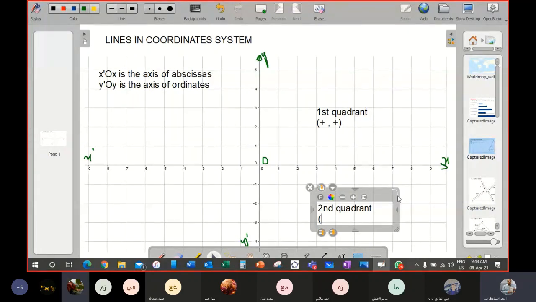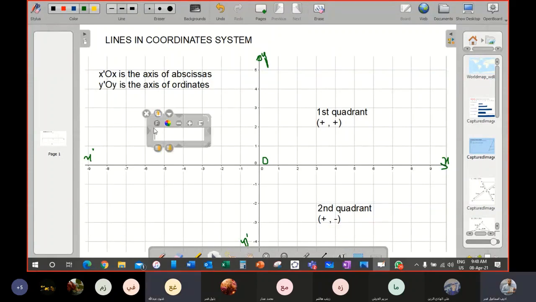The abscissas are what? Positive or negative? The abscissas are on OX. They are positive. And the ordinates are on OY prime. They are negative. And here we have the third quadrant.